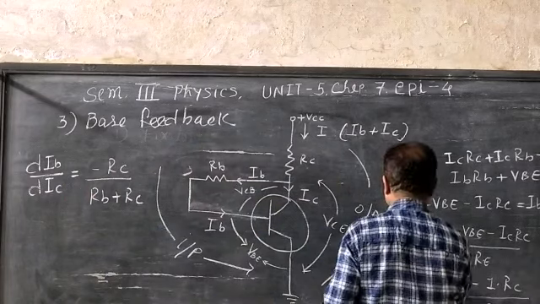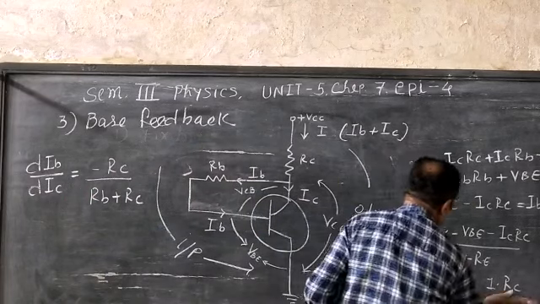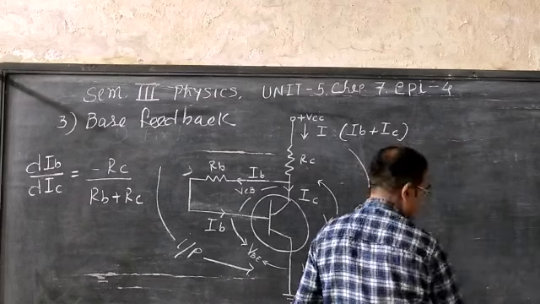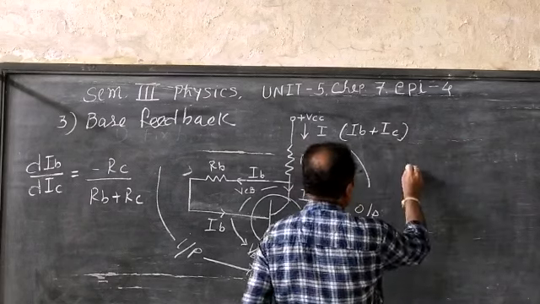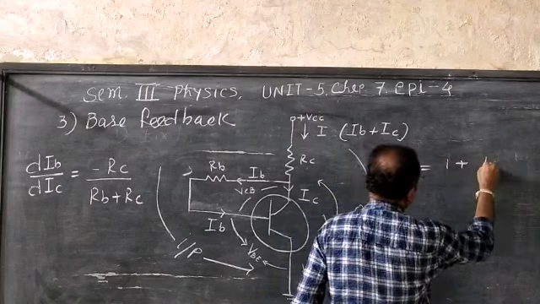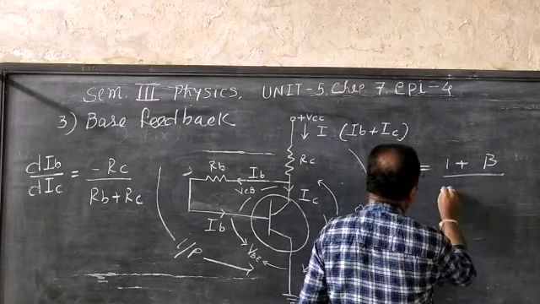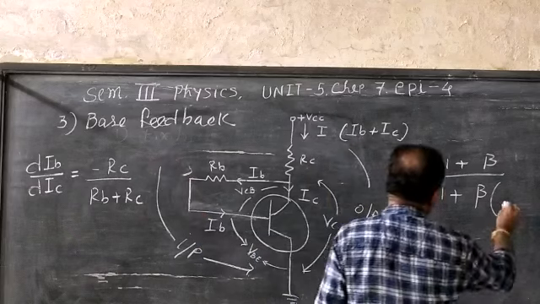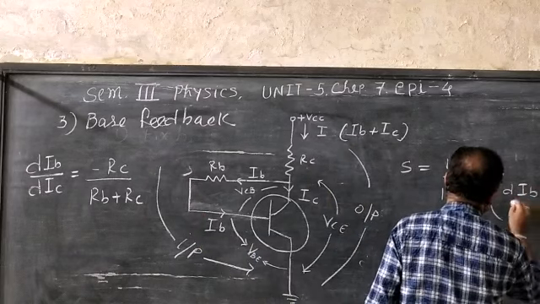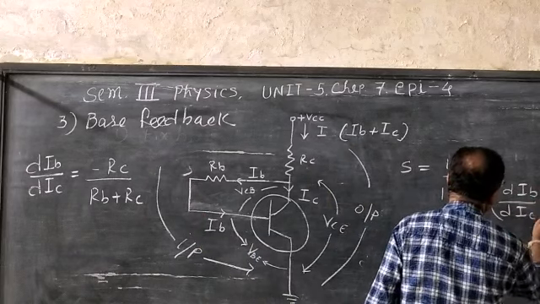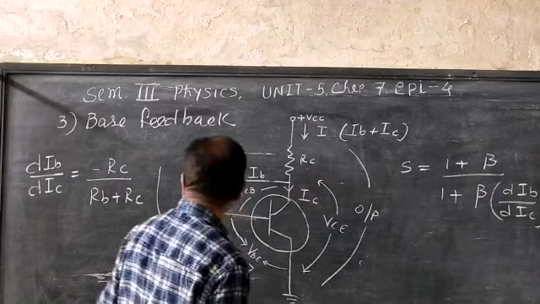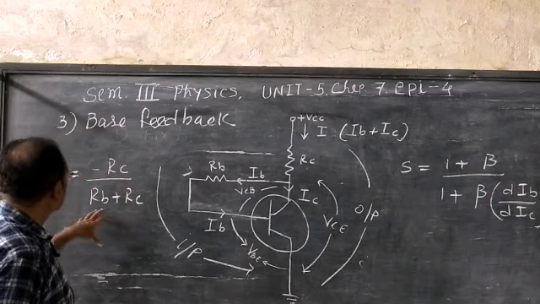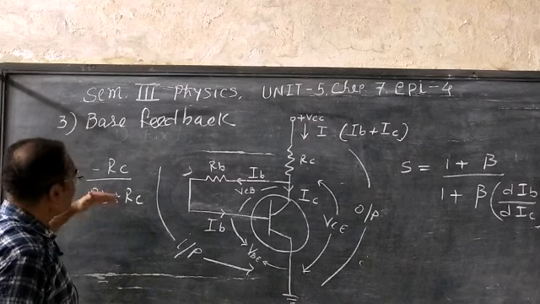As we know, the stability equation is S is equal to 1 plus beta upon 1 plus beta into DIB upon DIC. We have the value of DIB upon DIC, that is minus RC upon RB plus RC.